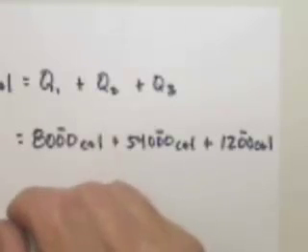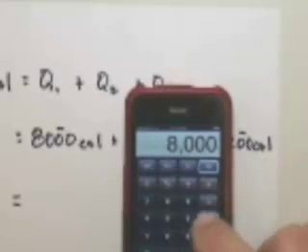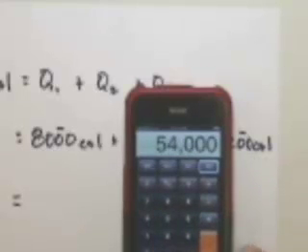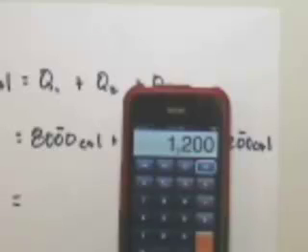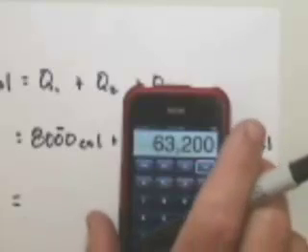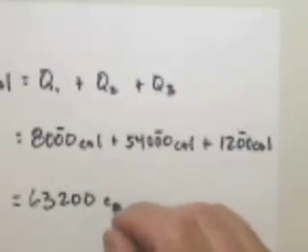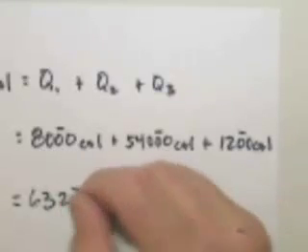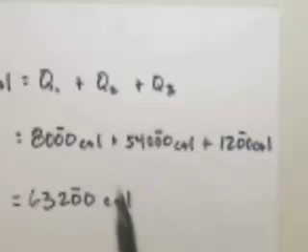So when we add these three together, 8,000 plus 54,000 plus 1,200, we get 63,200 calories of energy, with the last significant digit being in the tens place, because remember that's the least certain of any of the three, because we added according to the rules for significant figures.